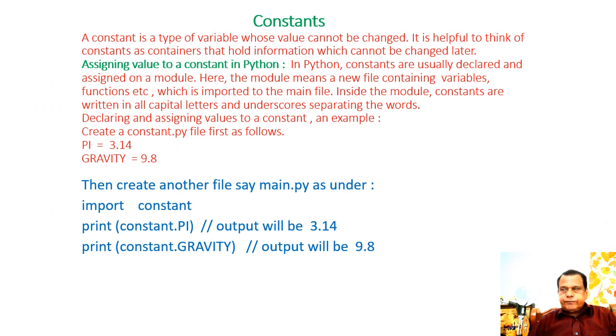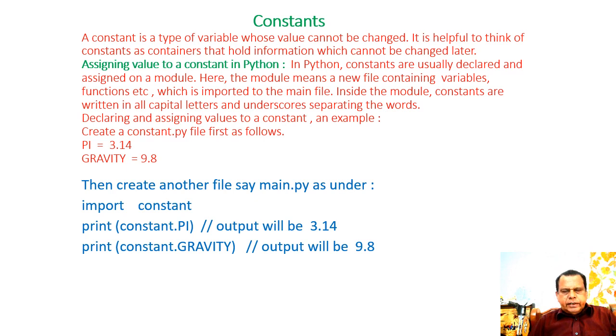Constants. A constant is a type of variable whose value cannot be changed. It is helpful to think of constants as containers that hold information which cannot be changed later. Assigning value to a constant in Python.